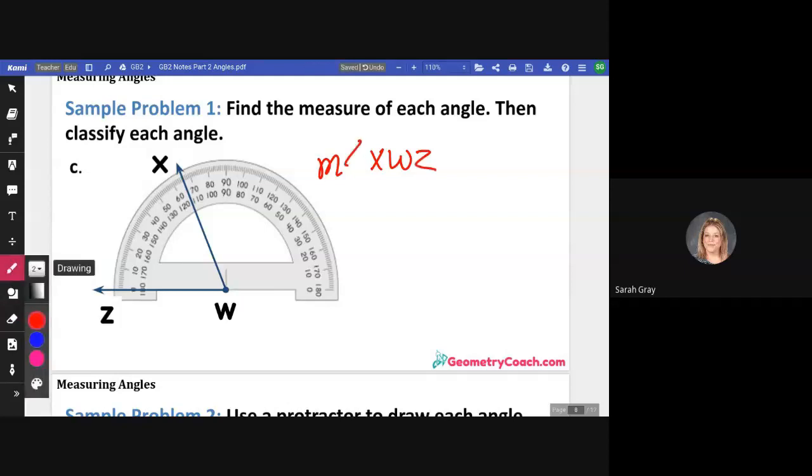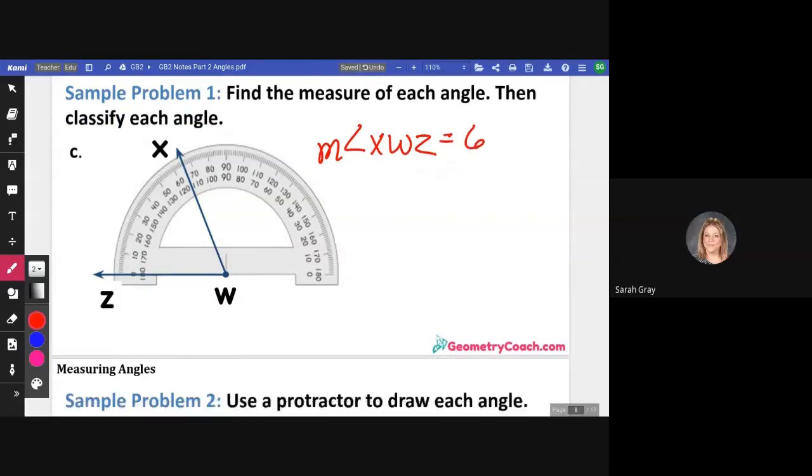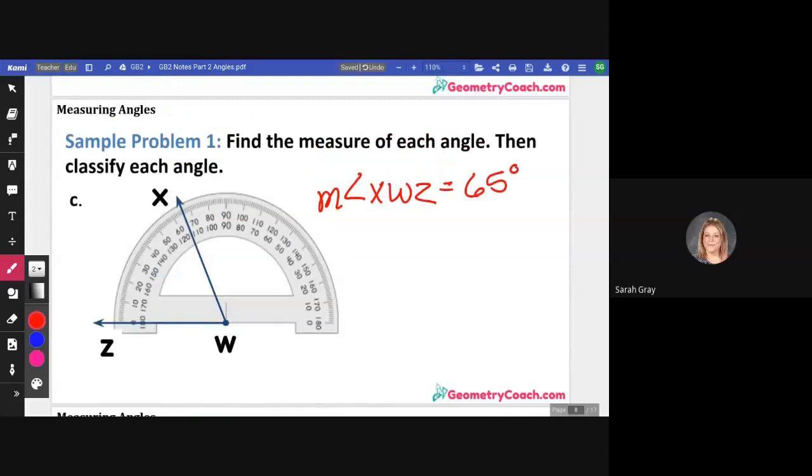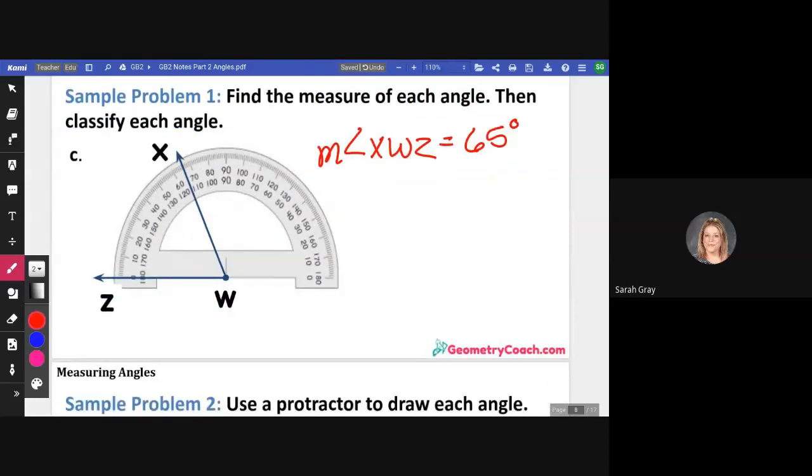Measure of angle XWZ equals 65 degrees. And since it is less than 90 degrees, it is classified as acute.